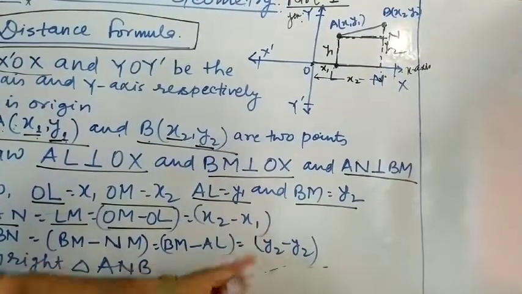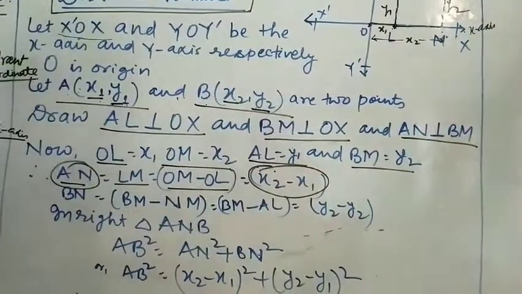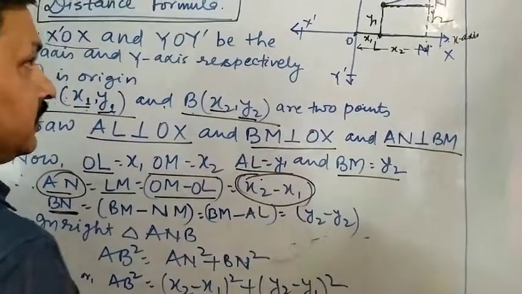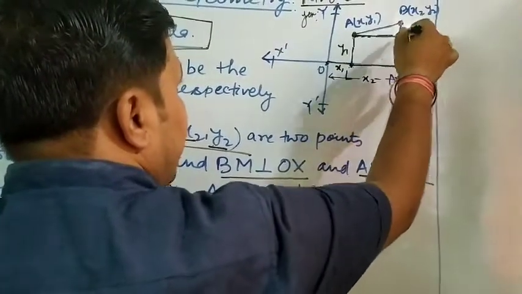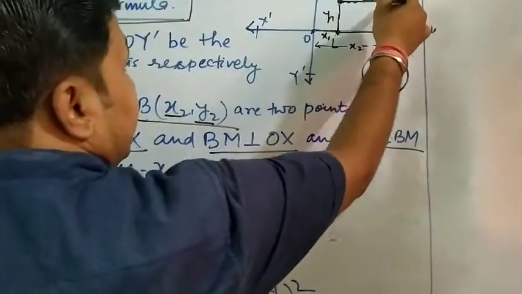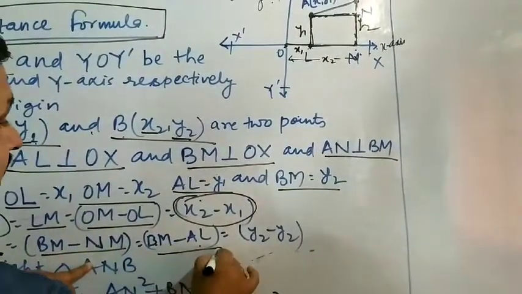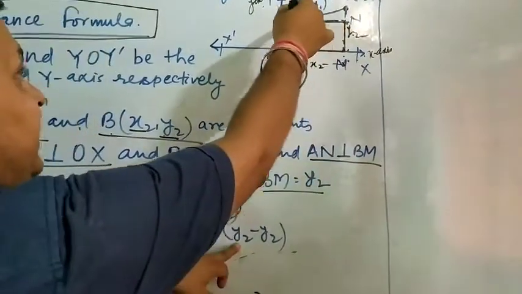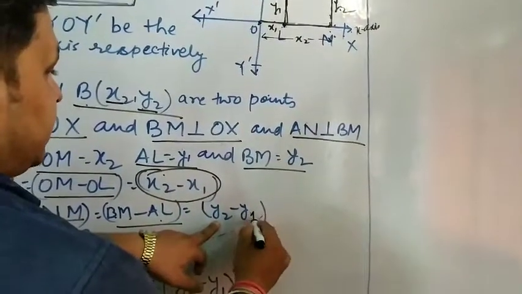So AN equal to x2 minus x1. Again BN equals BM minus NM, but NM is equal to AL. So BN equals BM minus AL. The value of BM is y2 and AL is y1.